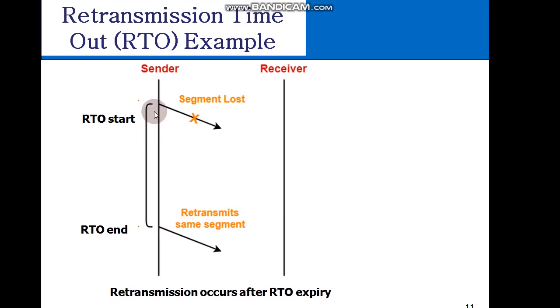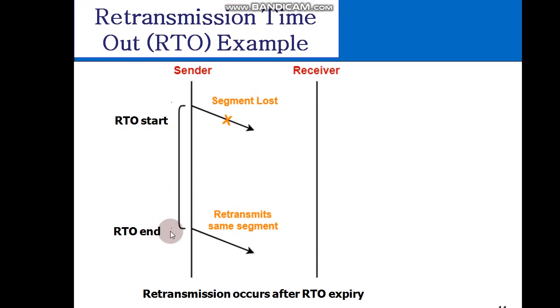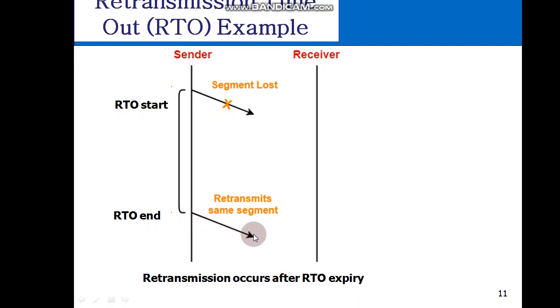So it will wait for the time allotted as RTO, that is retransmission timeout, and after that it will immediately retransmit the same segment. So retransmission occurs after RTO expiry. If any acknowledgement is not received, then again it will initiate the retransmission.